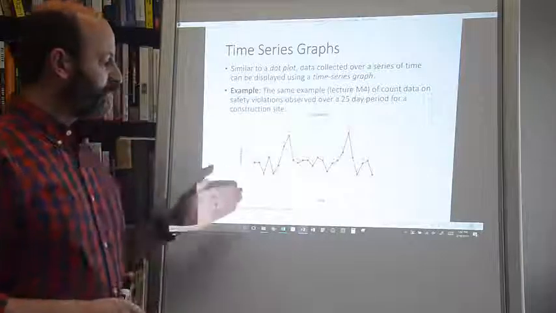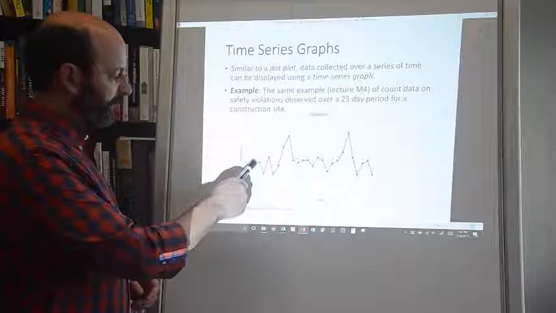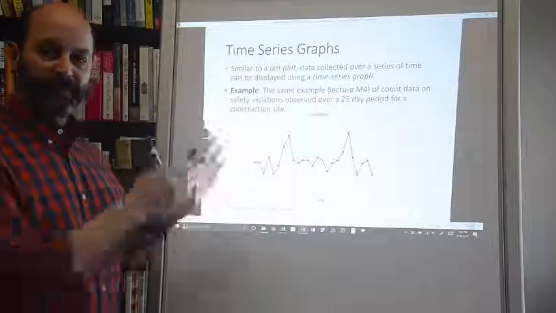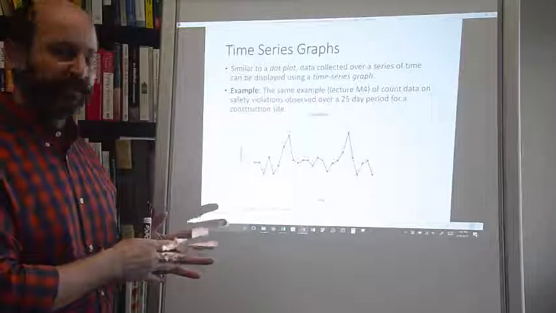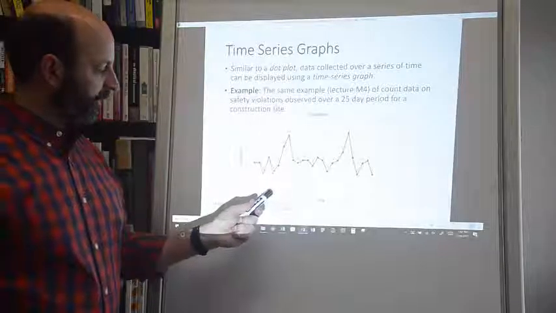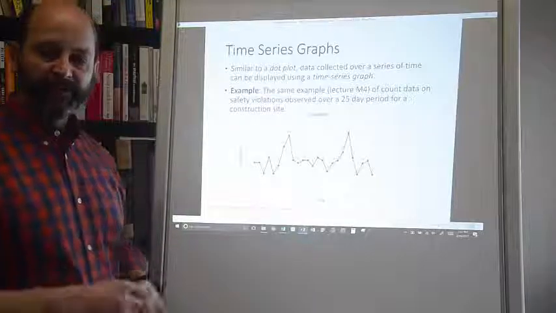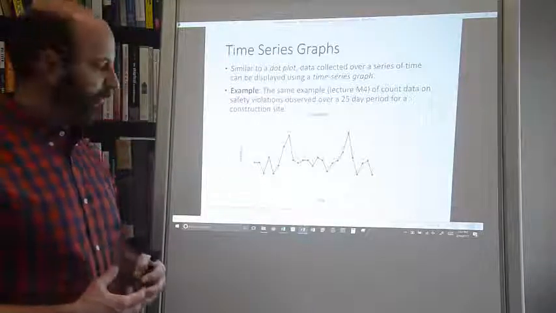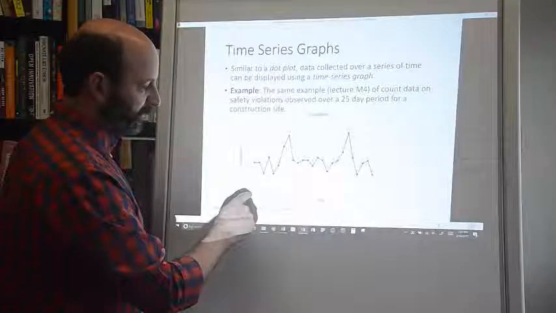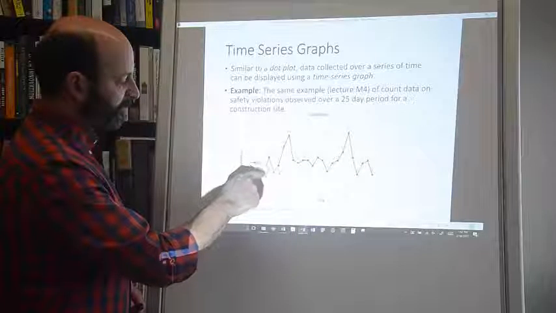We can also do, over time, what's called a time series graph. This allows us to see the number of violations. We're going back to the safety example and the safety violations. We can see the number of violations over the days. So these are the days that we have been collecting observations, and on each day from 0 to 25 days, we have a number of violations that we're seeing.